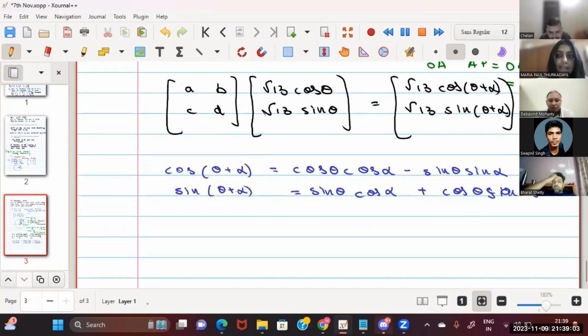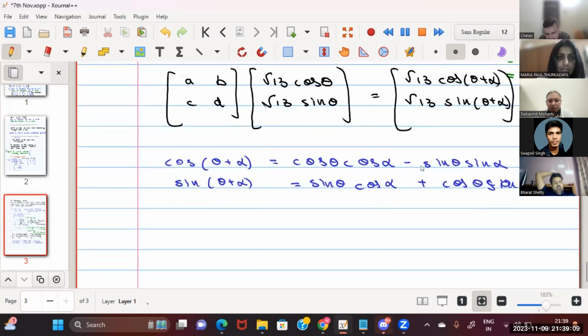When you simplify by applying this, I'll write one more step. We can do the column-wise multiplication and we'll get this matrix. Take the first row, A B, multiply with the column vector, and we'll get the first element.